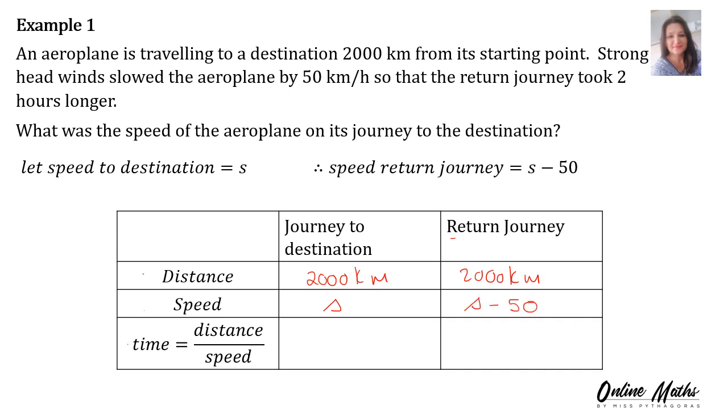And then time is distance over speed. So you say it's 2000 divided by s. And then for the return journey, the time is the distance 2000 over the speed s minus 50. And then in the next slide, we'll look at the sum.